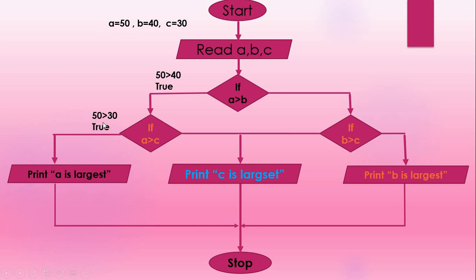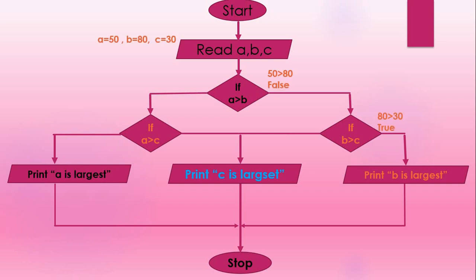Is 50 greater than 30? Here also the condition is true, 50 is greater than 30, so it comes here and it prints A is largest.